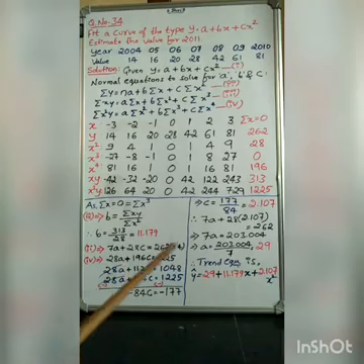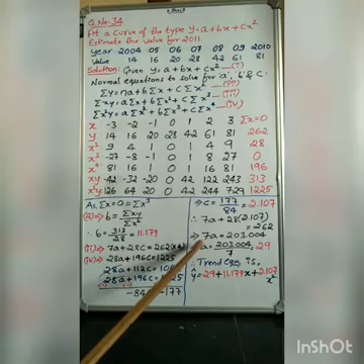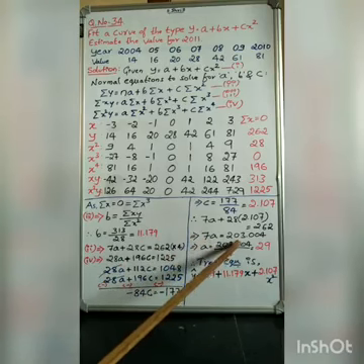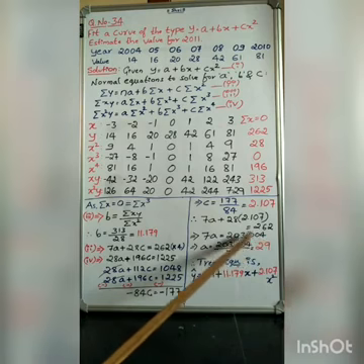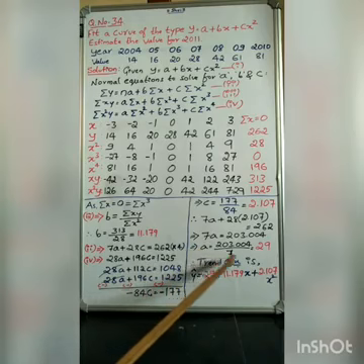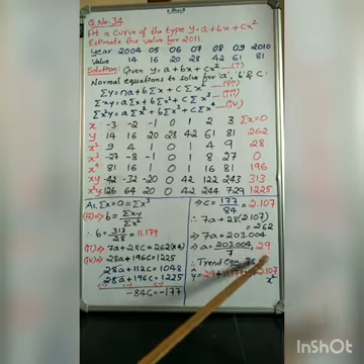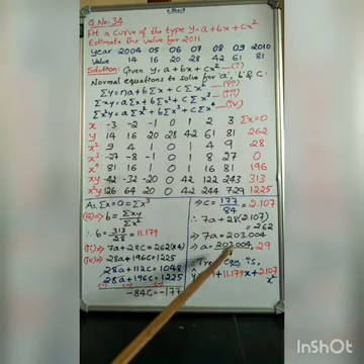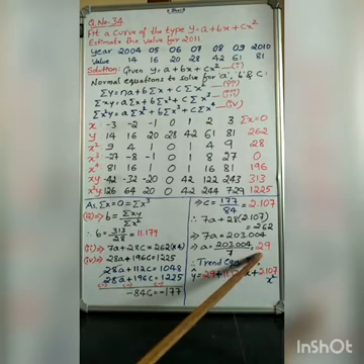And after that, a is equal to 203.004 divided by 7, which gives you 29. One more constant, a is equal to 29, we have got.